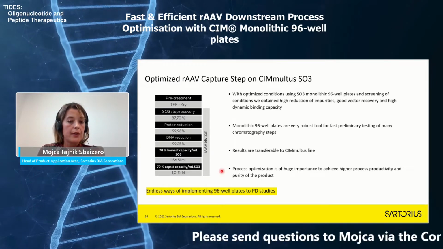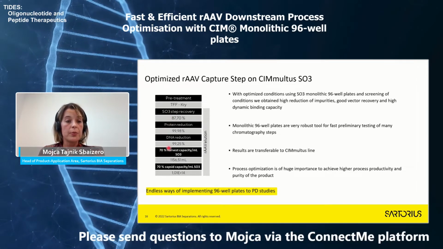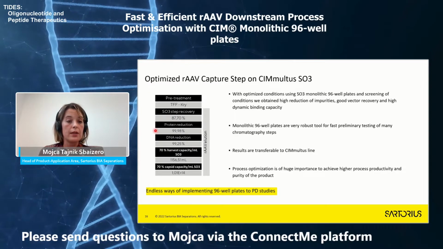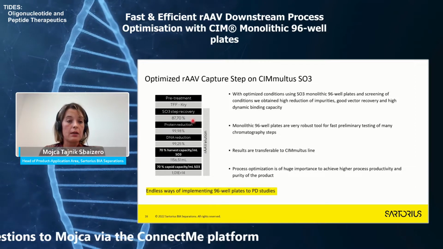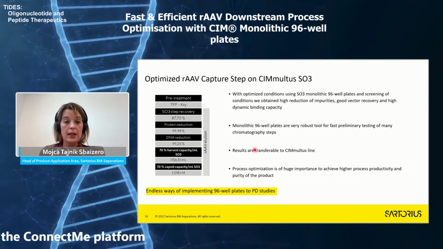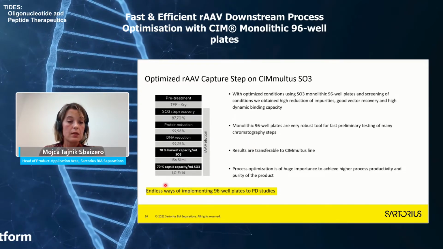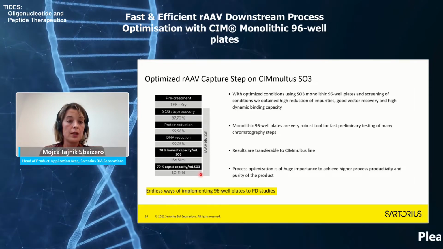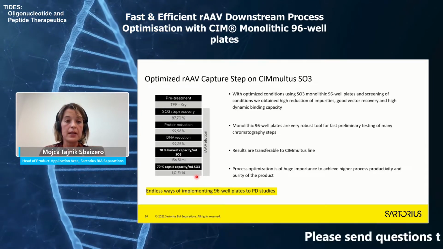We see here that we reduced almost 100% of the proteins and the DNA in this fraction, with still very high SO3 recovery, here 87%. Our capacity here was 1E14 capsids per milliliter. This is the dynamic binding capacity.